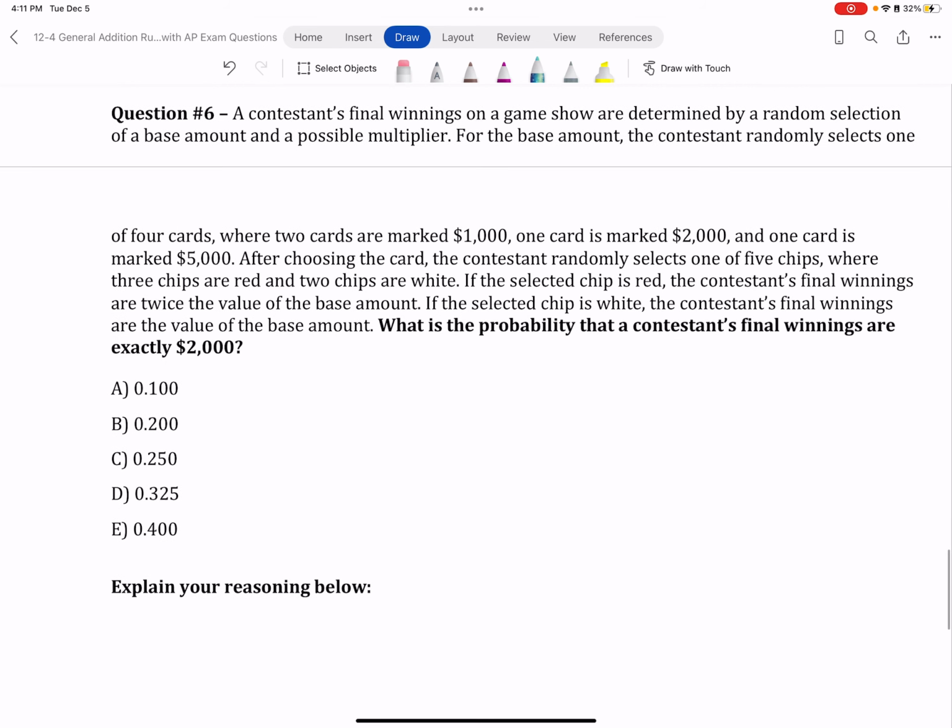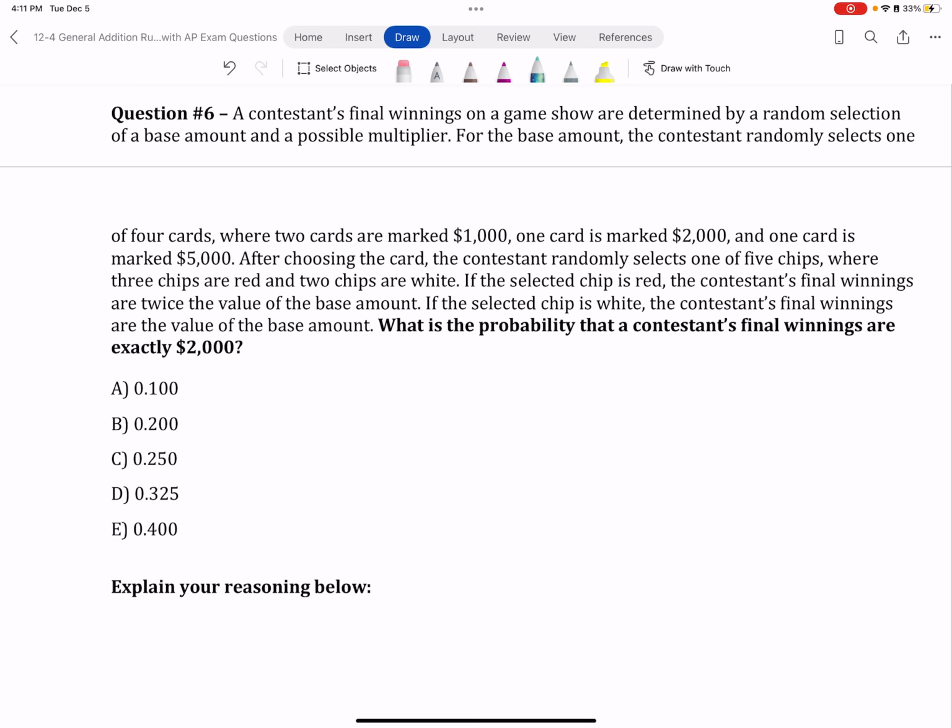After choosing the card, the contestant randomly selects one of 5 chips, where 3 chips are red and 2 chips are white. If the selected chip is red, the contestant's final winnings are twice the value of the base amount. So that means that red is good. And let's see about white. If the selected chip is white, the contestant's final winnings are the value of the base amount. What is the probability that a contestant's final winnings are exactly 2,000?